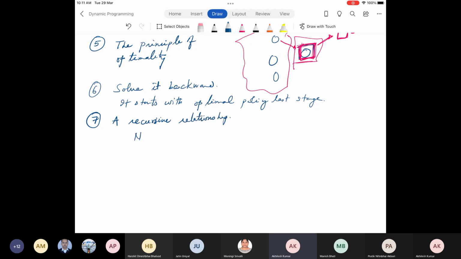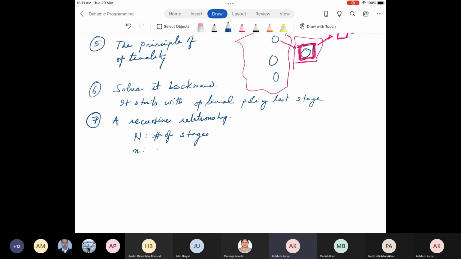Suppose n is the number of stages. This is the most important. Once you have identified your stages, states, and your decision variable, this is the relationship on which we proceed with dynamic programming to find a solution procedure or optimal decision.